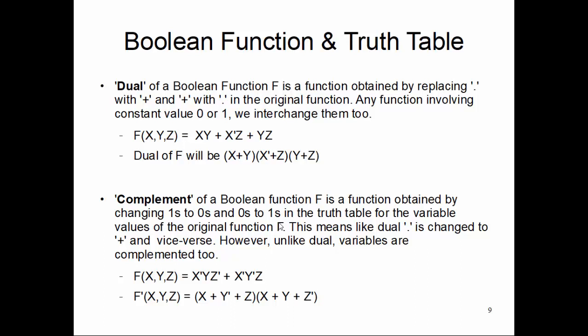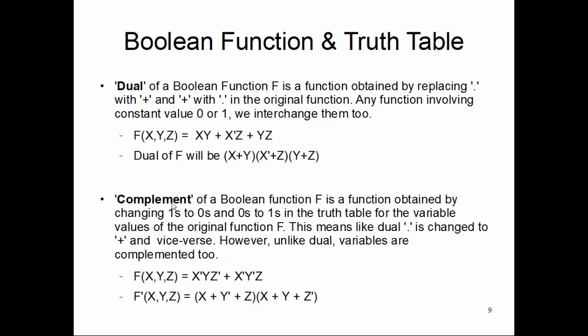But what we'll be using very often is the complement. So we need to understand what we mean by a complement, especially of a Boolean function. It is very similar to the dual. The complement function is obtained by changing 1s to 0s and 0s to 1s, similar to the dual, and also we change dot to plus and plus to dot.